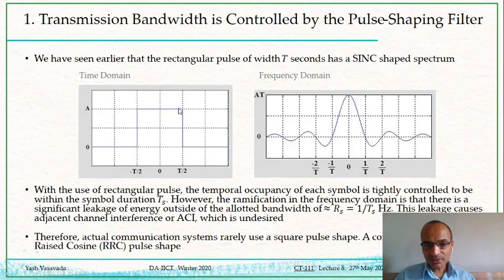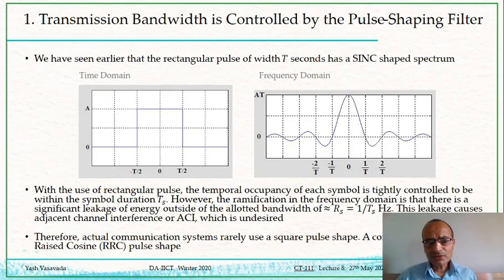And whenever we want to send minus A volt, we will send another rectangular pulse whose height is minus A volt. The resulting rectangular pulse sequence we have seen in that earlier lecture on the convolution operation.